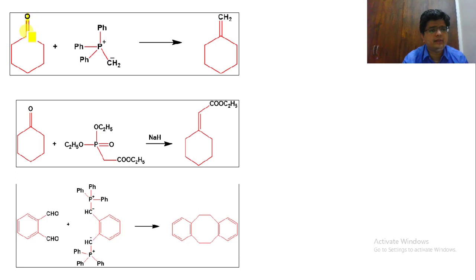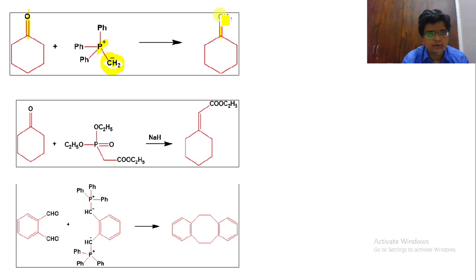Suppose we are having a ketonic compound over here, this is the phosphorus. Here we are having a phosphorus which is having a positive charge, and this is having a negative charge. So now you just have to remember whatever group is attached to the positive charge, that will attack this compound. So this oxygen will be removed, it will produce a phosphine oxide, and this CH2 group will attack over here.